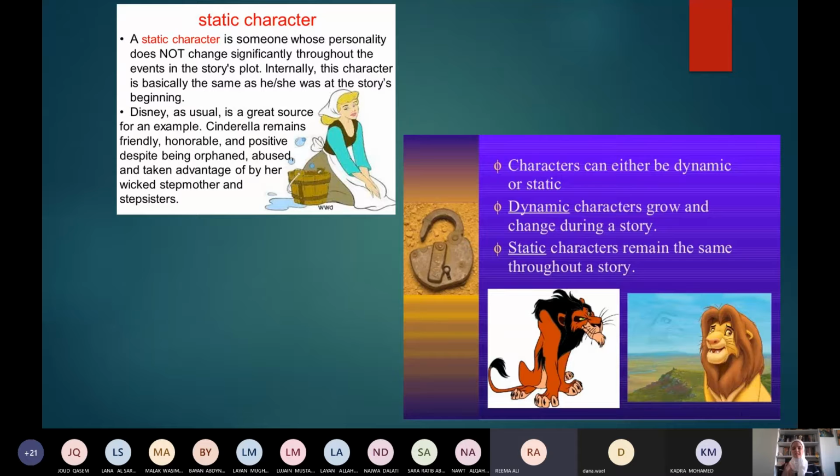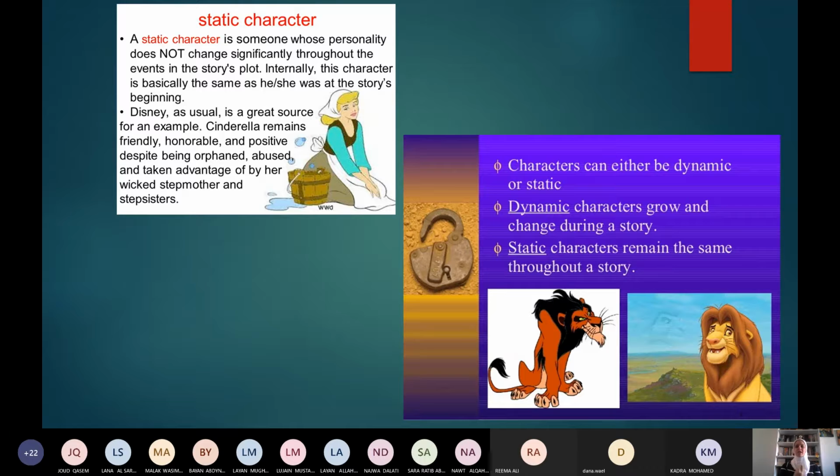Yes. So static, girls, is not always the good one in the story. Static is the kind of character that remains the same. He doesn't change. So in Cinderella, she is static. But in Lion King, Scar is static. So we are not talking about which character is better.